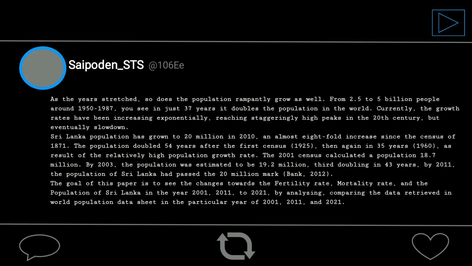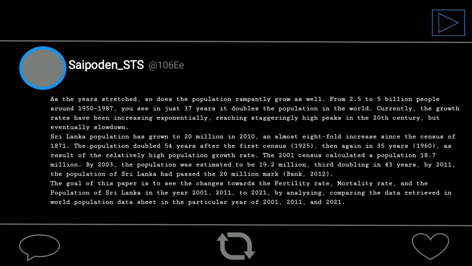The 2001 census calculated the population at 18.7 million. By 2003, the population was estimated to be 19.2 million, a third doubling in 43 years. By 2011, the population of Sri Lanka had passed the 20 million mark.